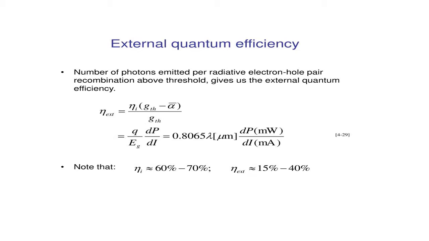So note that eta I is equivalent to 60% to 70%, eta external is equal to 15% to 40%.